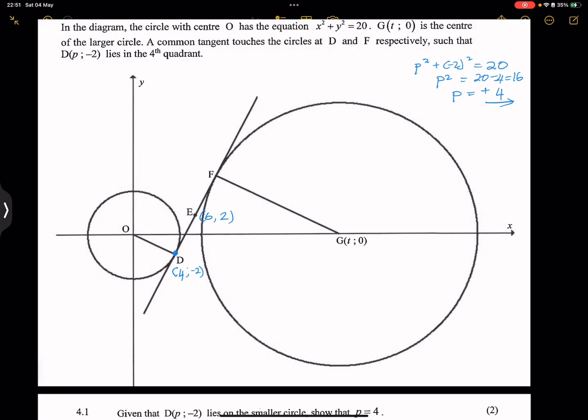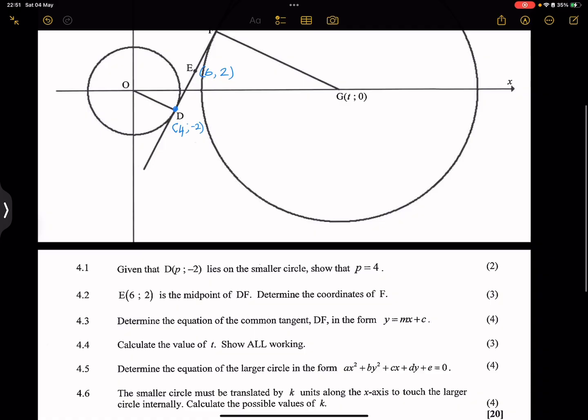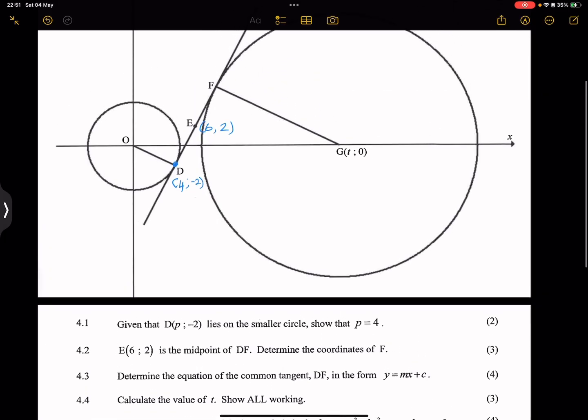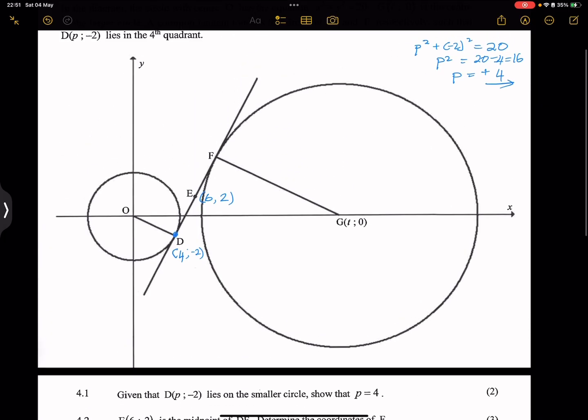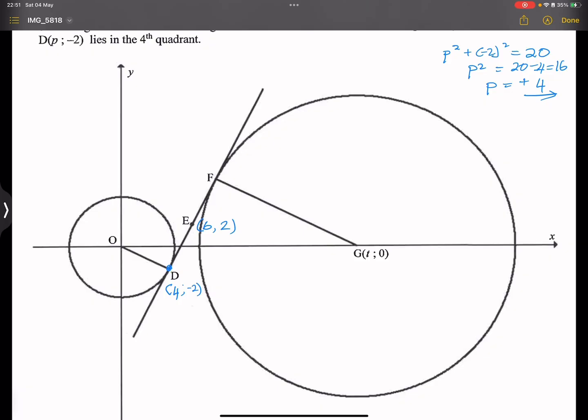Right, so if we read that, they say E is the midpoint of DF, determine the coordinates of F. Now remember, from our midpoint formula, it means that the x value at E will be equal to the x value at D plus x value at F divided by 2.